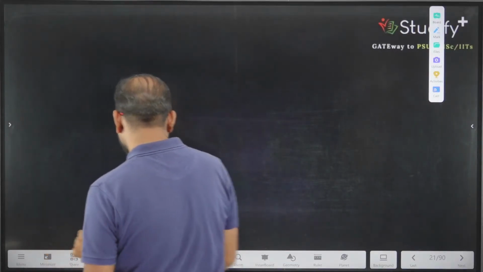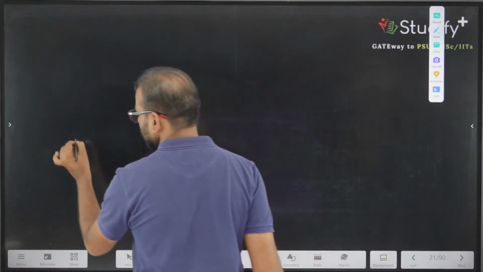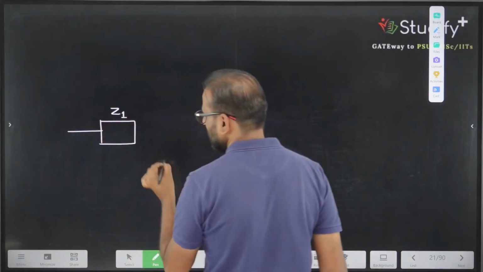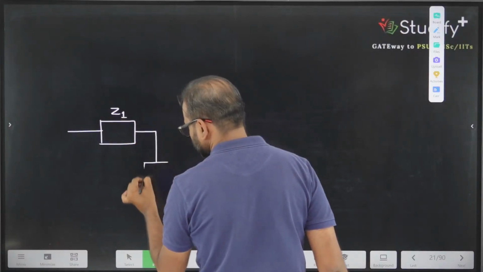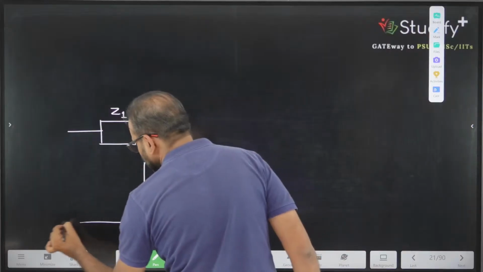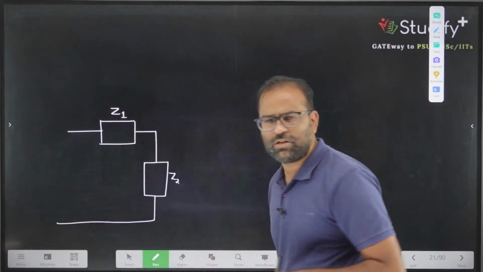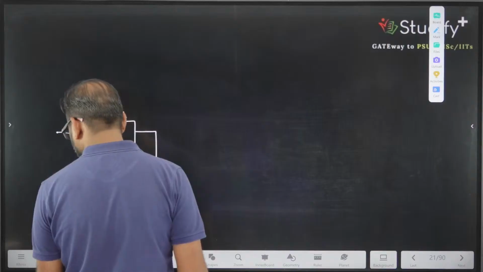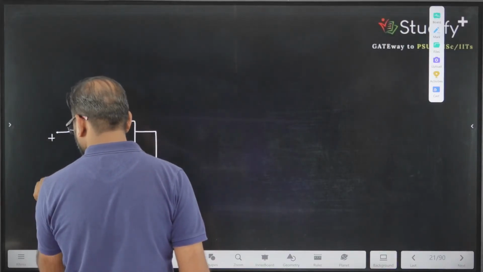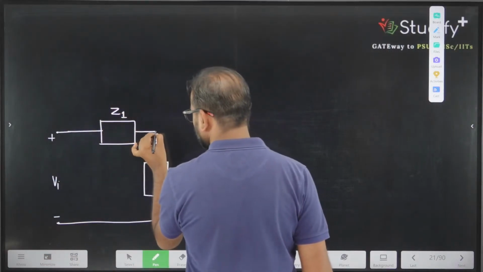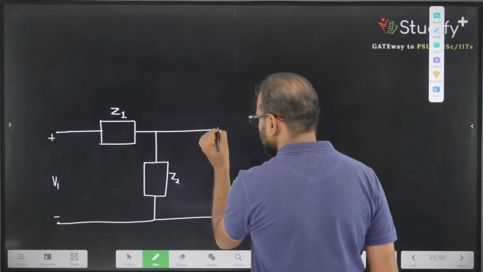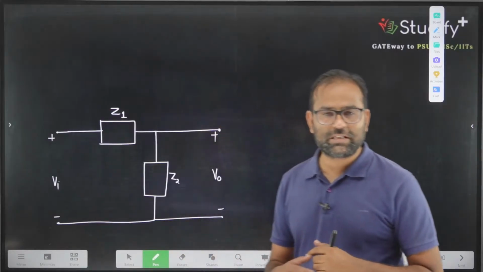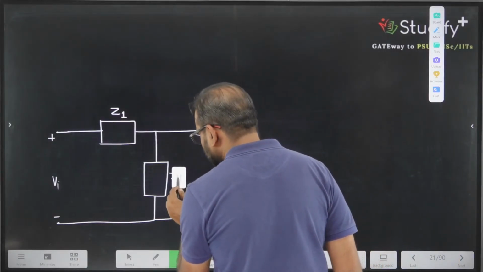The network which is available to us in time domain is this. We are calling this Z1 and this Z2. Since all the initial conditions are 0, you can assume this is the frequency dependent resistance. So you have the circuit in the time domain. The next step is we are interested in the circuit in the frequency domain, the Laplace domain.